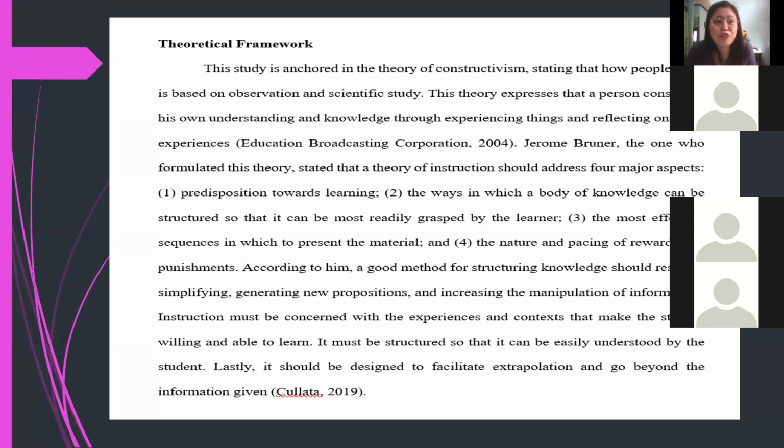So you really have to look for theories ha, may it be psychological, educational, or scientific theories nga mo fit in dito sa inyong study. So ang ako theory of constructivism stating that how people learn is based on observation and scientific study. Kasi my objective was to make a laboratory manual, and we learn if we observe it directly or kanang kita mismo ang mag-experience sa mga butang. Mao na nga ang theory nako is theory of constructivism.